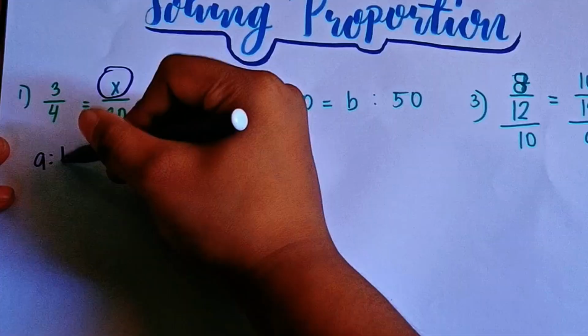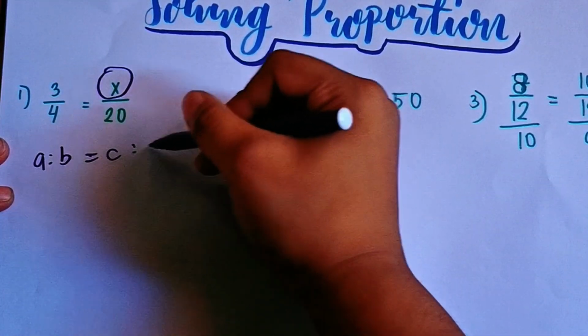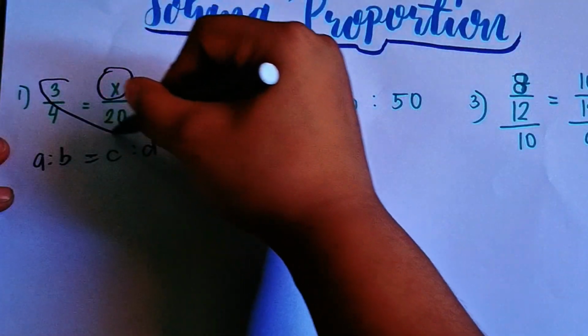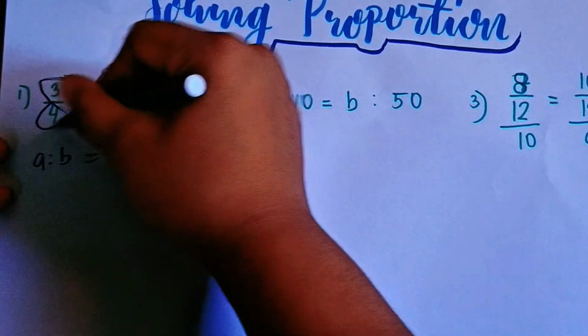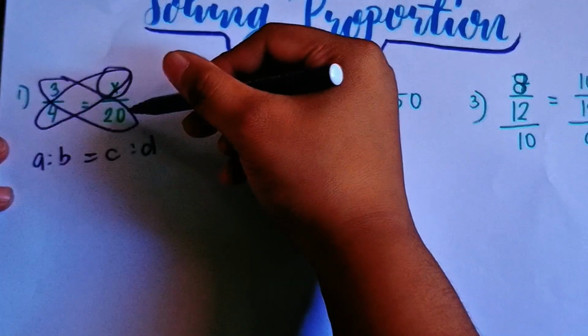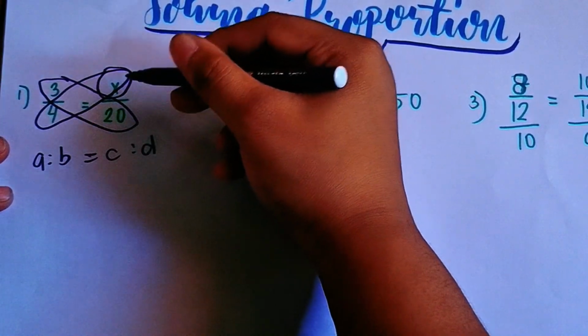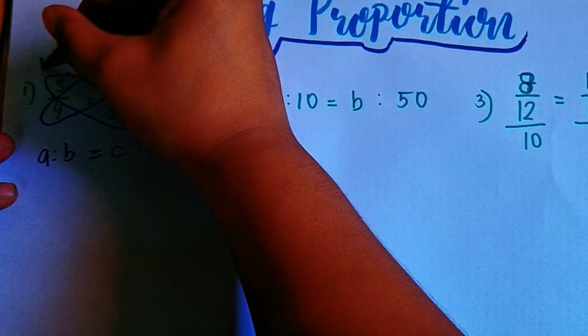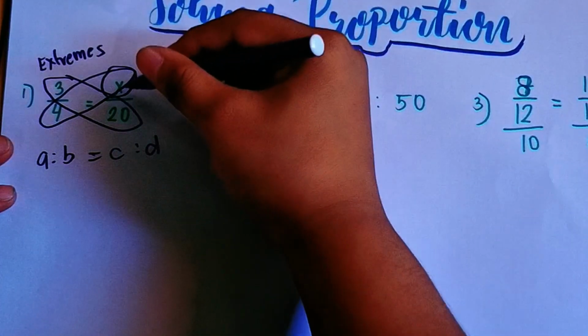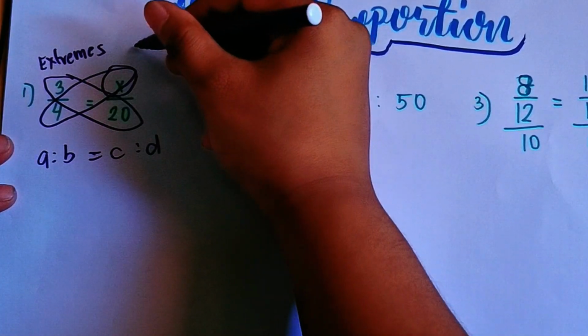A is to B is equal to C is to D. Or we can just use cross multiplication. So here we have 3 times 20, our extremes. And the x times 4 is our means.